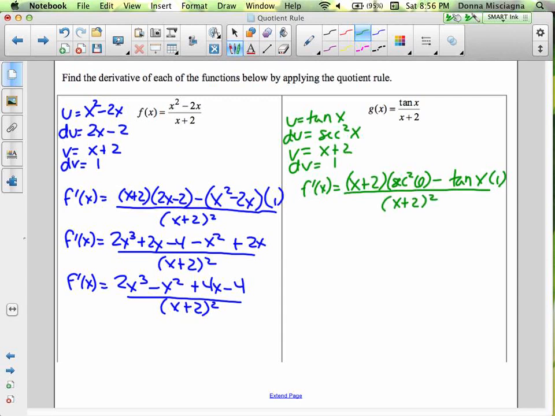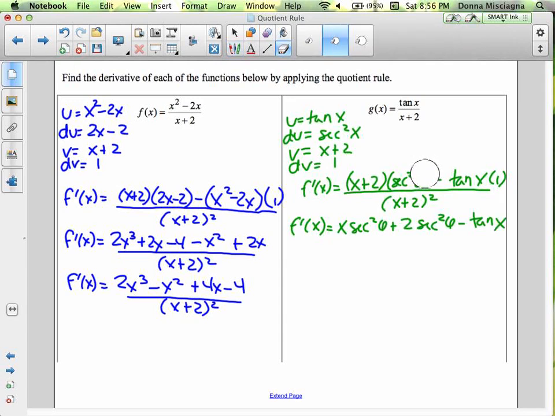So we'll distribute and not be able to do much else after that, but so we multiply both terms, x plus 2 times secant squared x. We got x secant squared x plus 2 secant squared x minus, excuse me, that's not supposed to have a theta in it. We got x's.